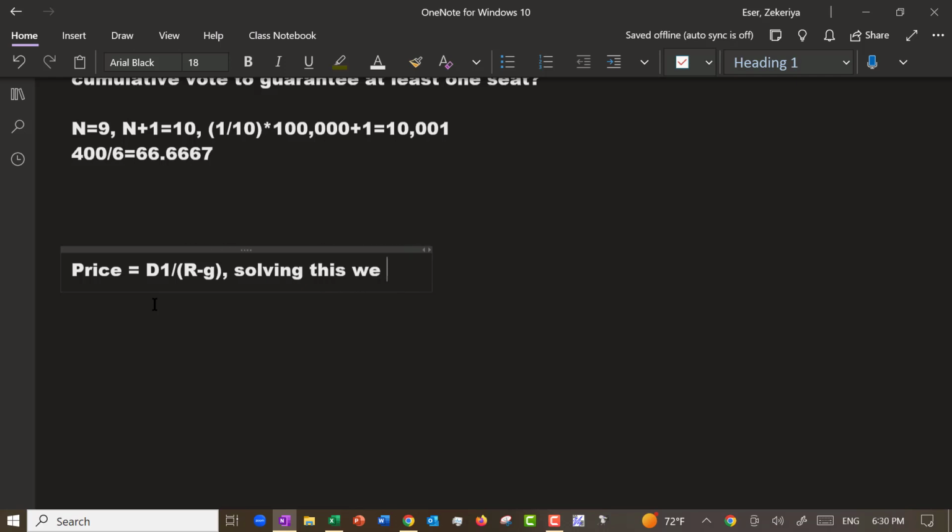We can write R equals D1 over price plus G. The first component is called the dividend yield. The second component is called capital gains yield.